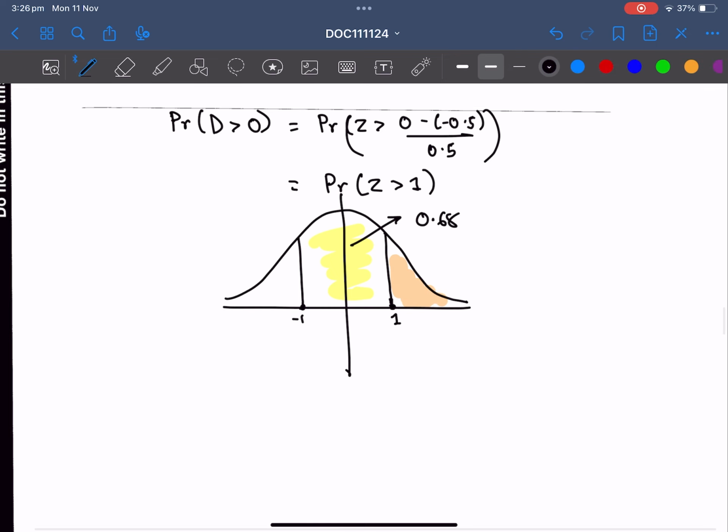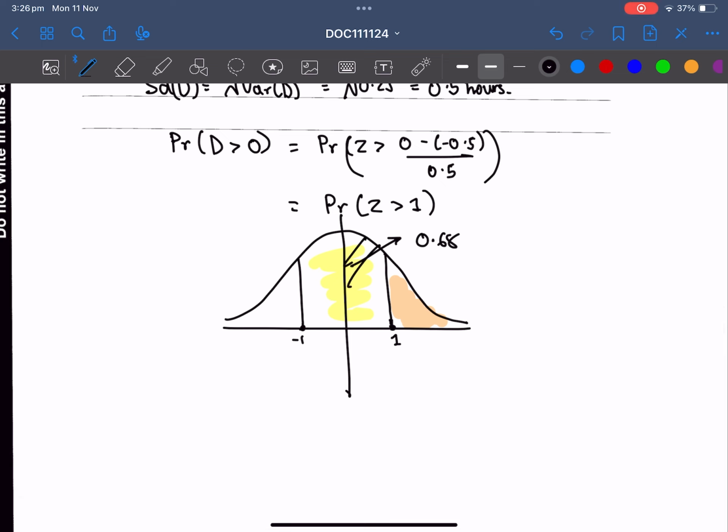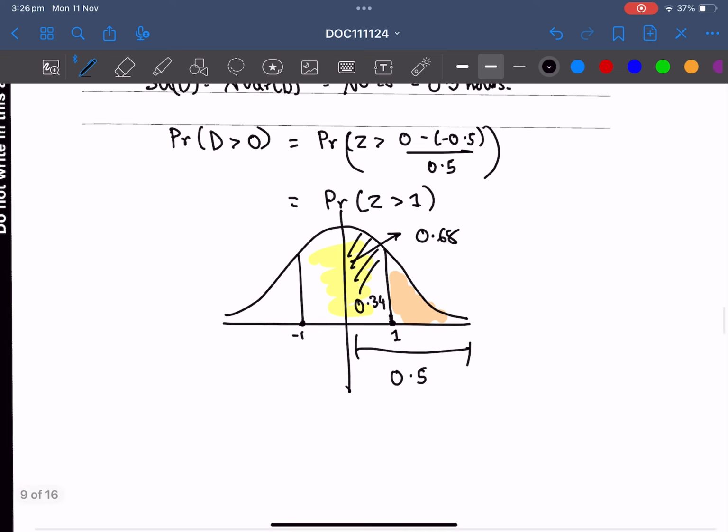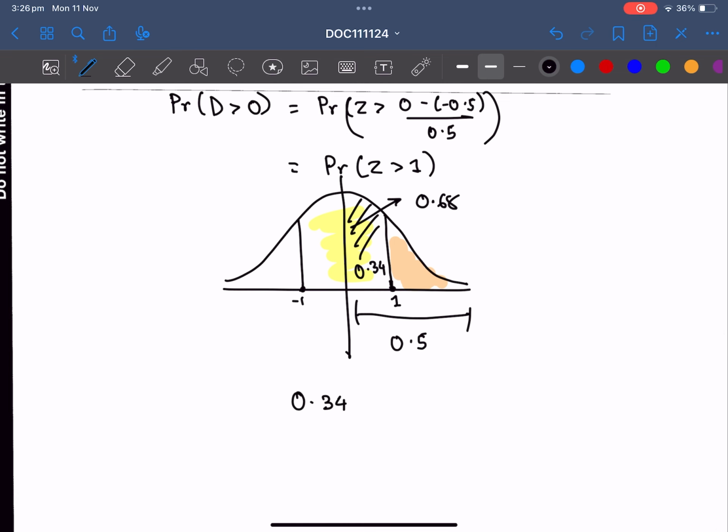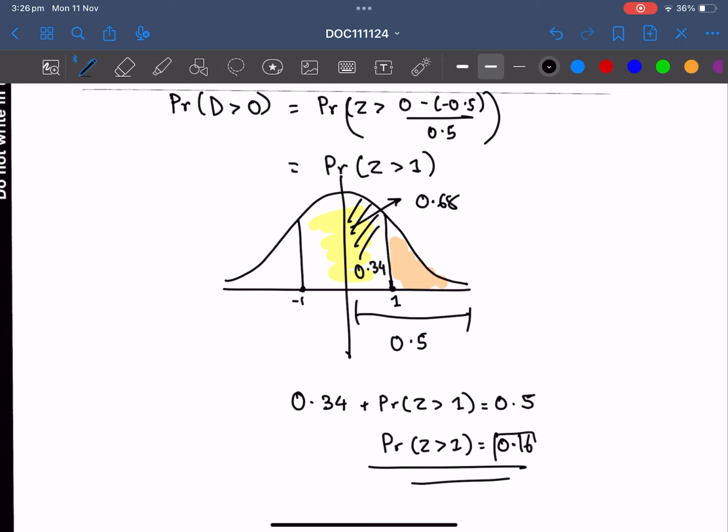Now we also know that the entire region on this side adds up to 0.5, right? And this section over here is going to be 0.34, which is 0.68 divided by 2. So we can say 0.34 plus the probability that Z is greater than 1 equals 0.5. Therefore, the probability that Z is greater than 1 is 0.16. And this is going to be our final answer.